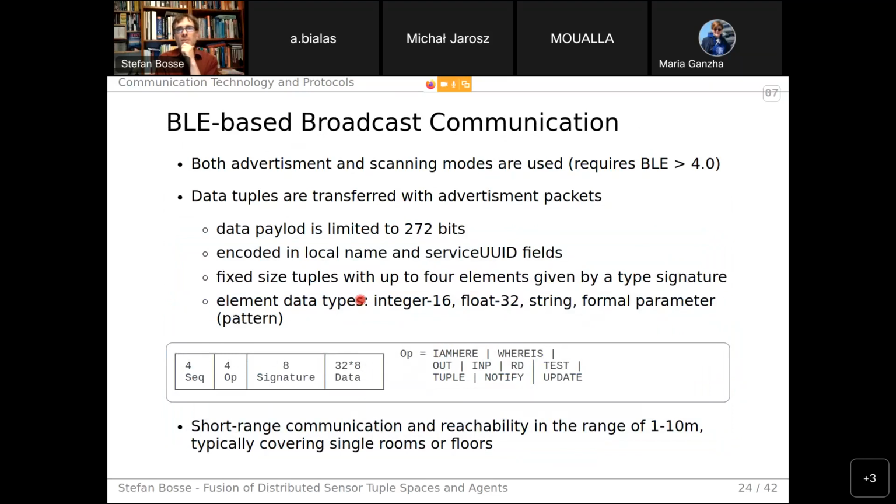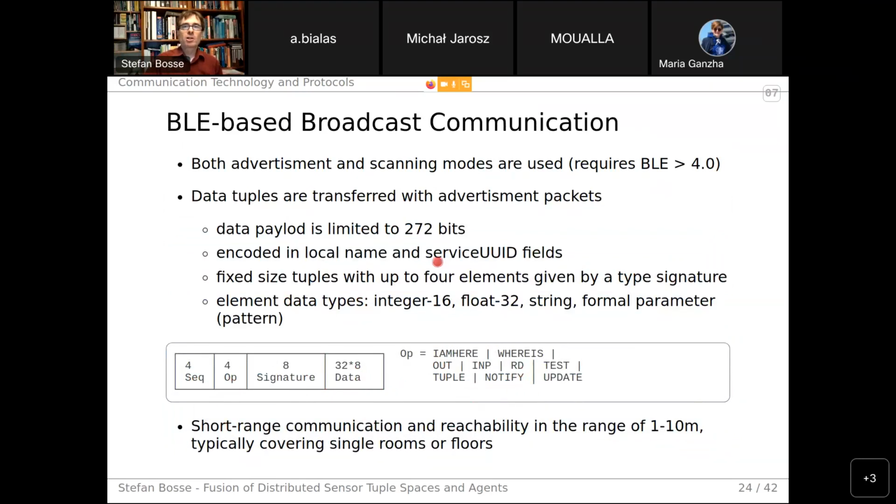For example, here using Bluetooth communication, here you see the basic format with the sequence number and operation. Here you see the basic tuple operations, a signature, the type signature of the following data, and here you see only 32 bytes of payload data in maximum.